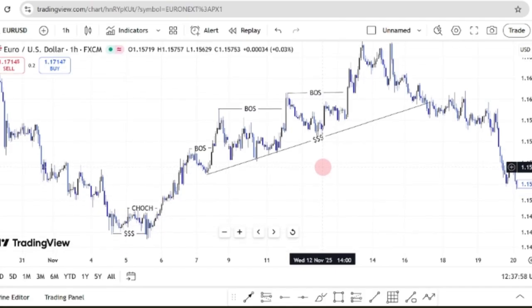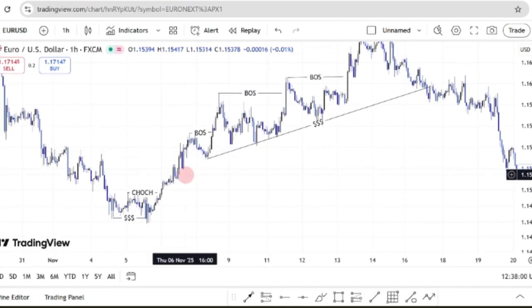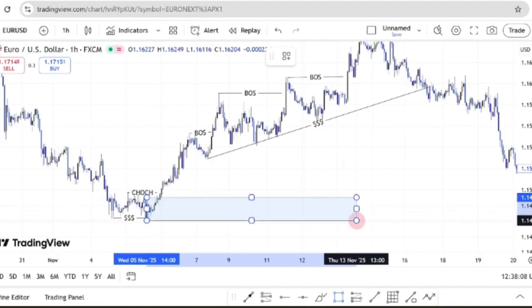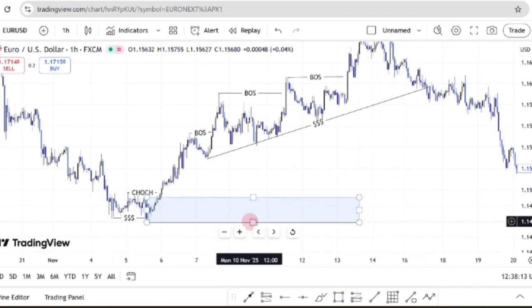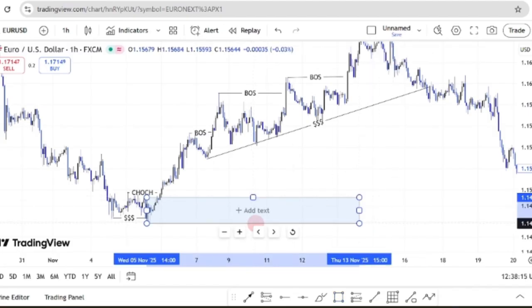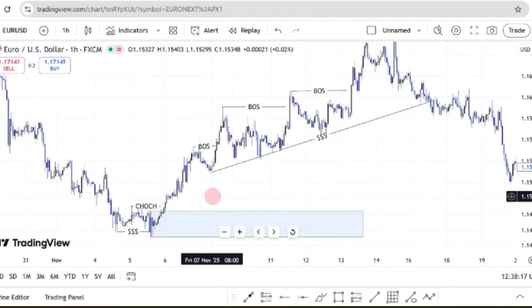Now, let me explain something. When this price was moving to the upside, we noticed something. You can see that we have this other block that was left unfilled. We have that other block at this low, this other block here, and we can see there was a fair value gap also left behind.